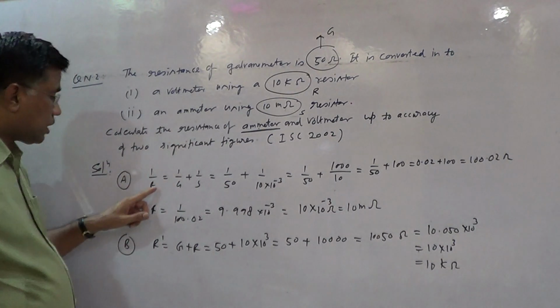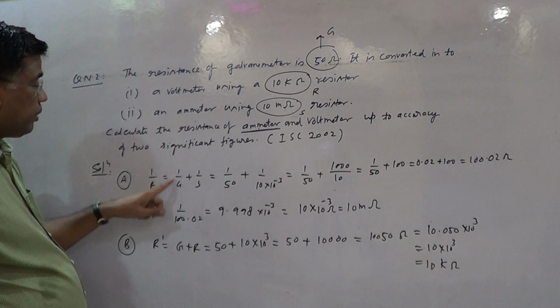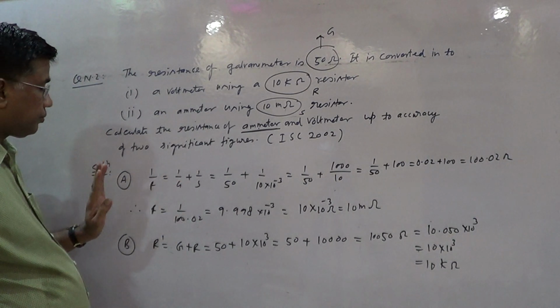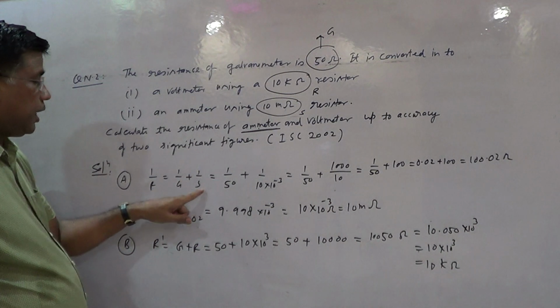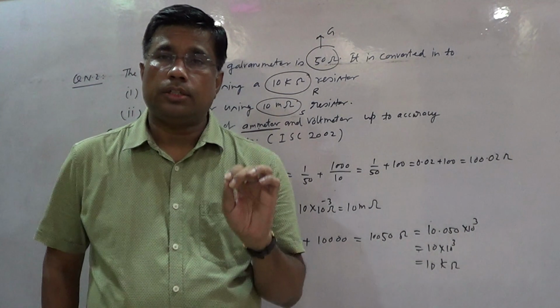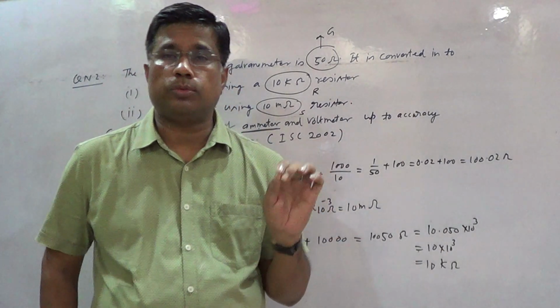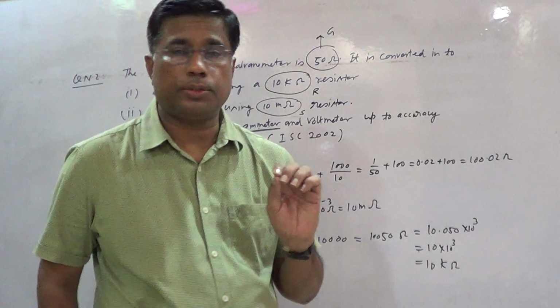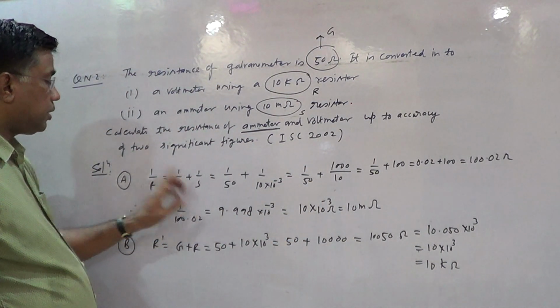This resistance R has to be calculated in this problem. G is the resistance of the coil of the galvanometer and S is the shunt resistance. Both are connected in parallel, so the equivalent is calculated by the parallel combination formula, 1 by R equal to 1 by R1 plus 1 by R2. At the place of R1 capital G, at the place of R2 S is written.